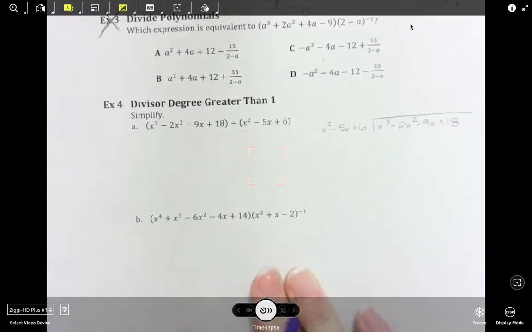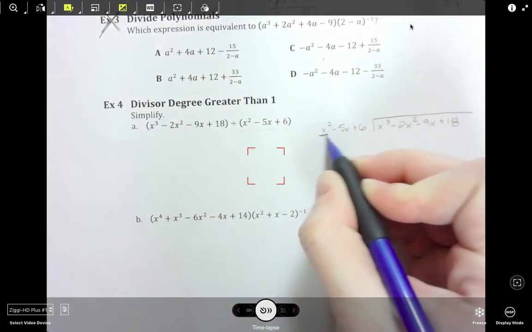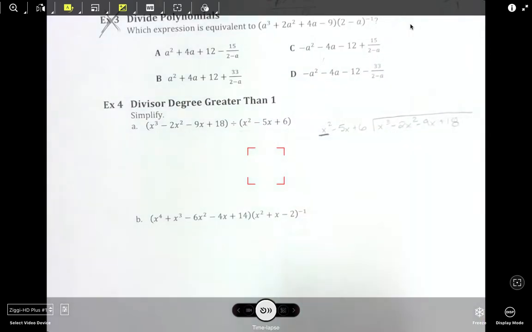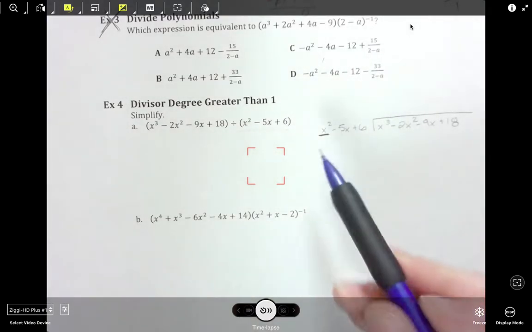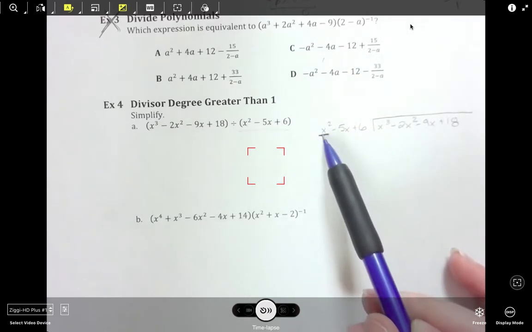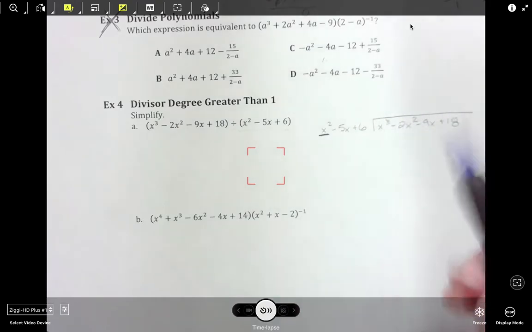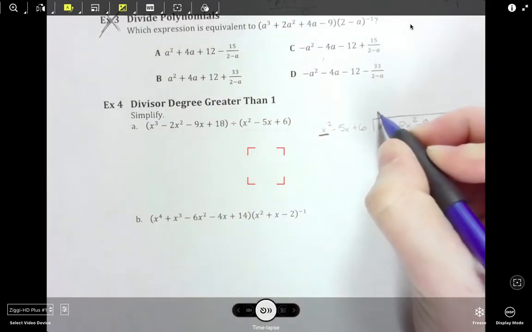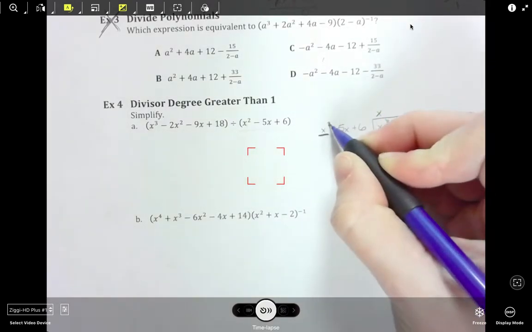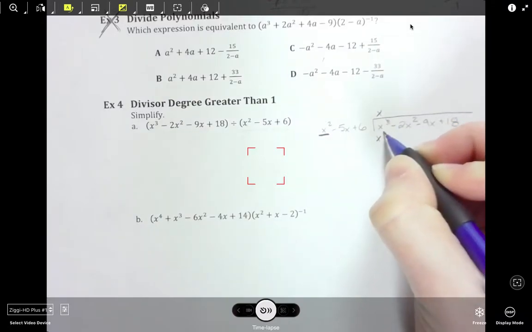We're only concerned with really this first value of x squared. So we say to ourselves, what do we have to multiply by x squared to get x cubed? I need another x in there. X times x squared gives me that x cubed, so I multiply it back through.